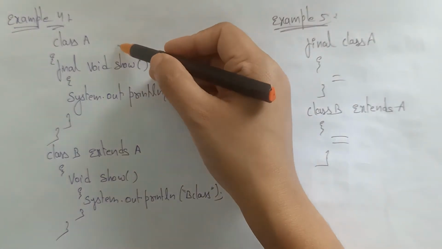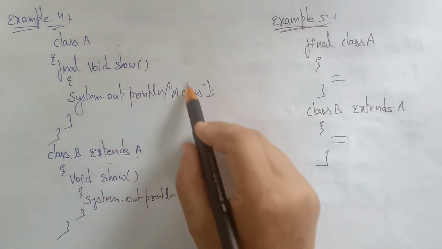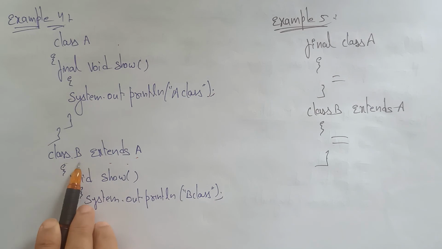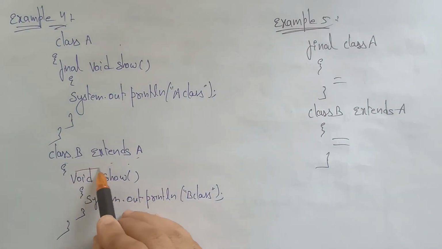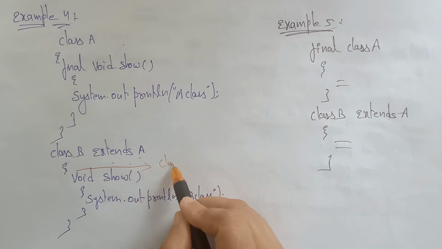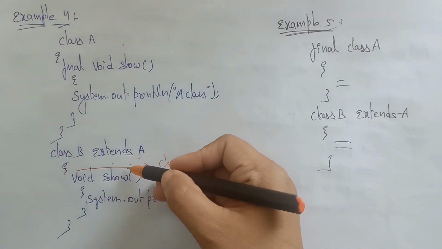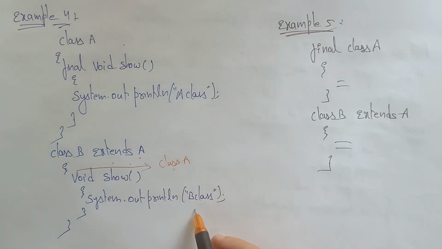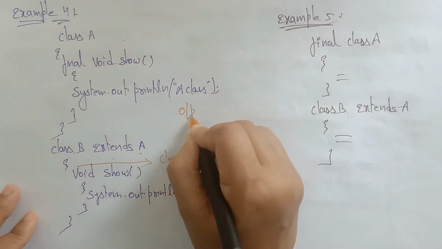Class A is a superclass, and class B is a subclass that extends the superclass. Whenever class B is executed, first class A is loaded, that is final void show. Again, I am calling void show with class B. Does my program execute? No. You will get the output: error.